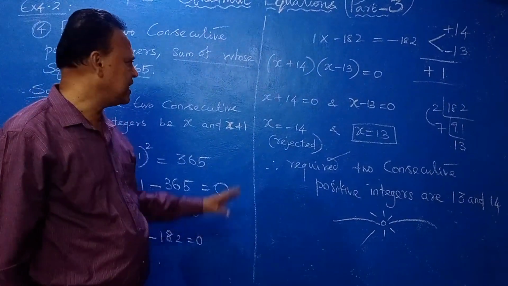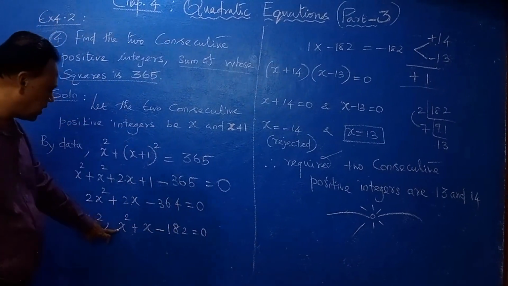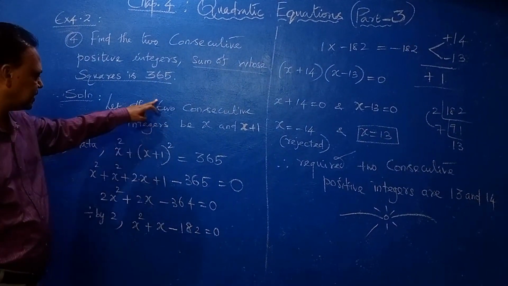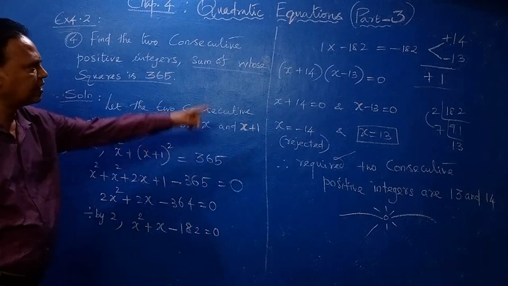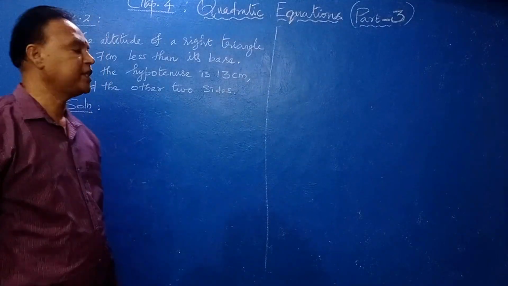Clear? So very easy. Clear? You have to read the question and get the quadratic equation according to the condition, then factorize. Then you will get the required numbers. Okay? So see the next problem.